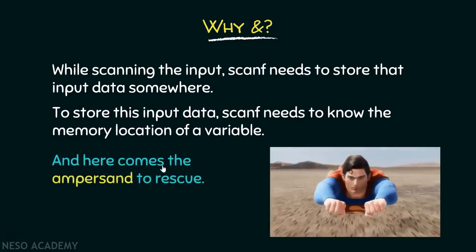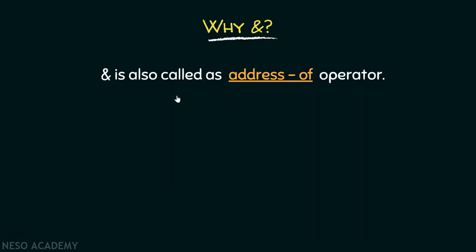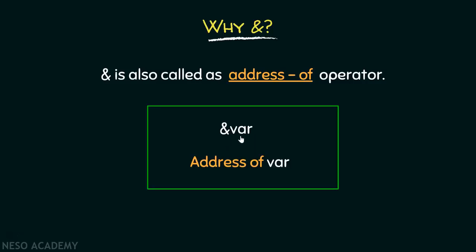Now, here comes the ampersand to rescue. Ampersand is also called the address of operator. Note down this thing. What does it really mean? If we write ampersand var, this is equivalent to writing address of var.